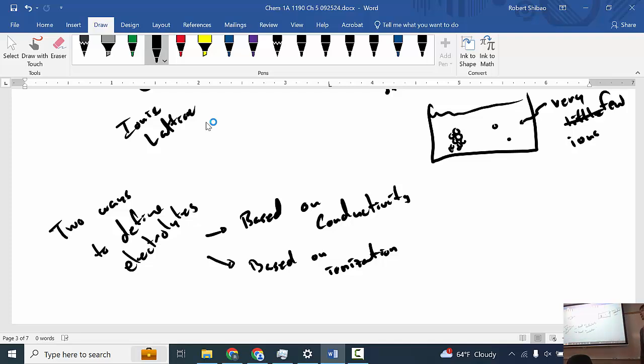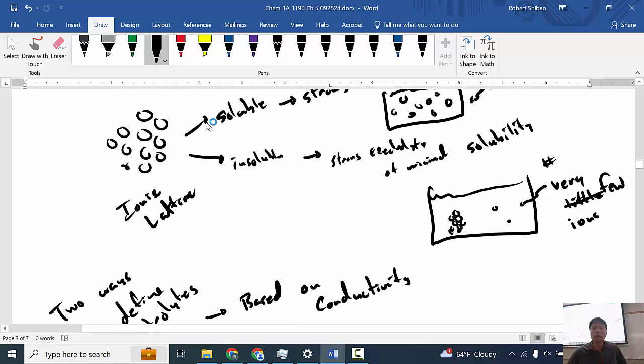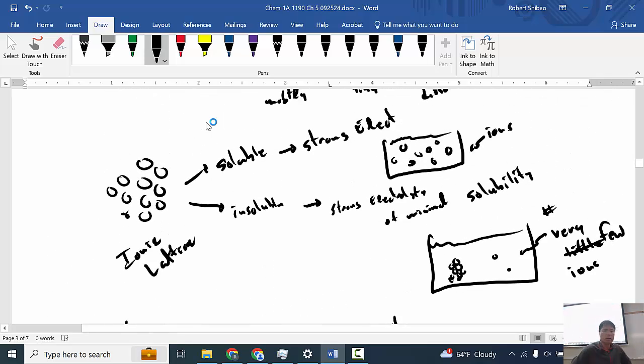The first way we can do it is based on conductivity. The second way we do it is based on ionization. If we do it based on ionization, then both the soluble and the insoluble ionic lattice are going to be strong electrolytes, because the way it's defined is whatever does dissolve splits up into ions.